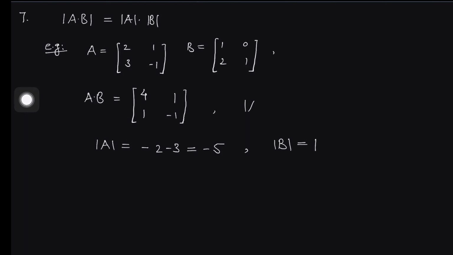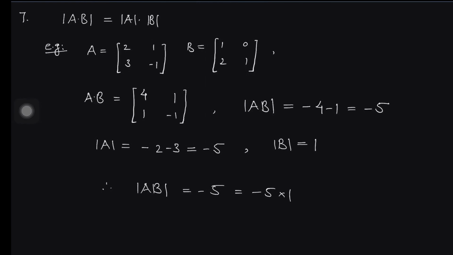And the determinant of AB, 4 into minus 1, minus 1. So you can see that the determinant of AB is minus 5, which is equal to minus 5 into 1, that means determinant of A times determinant of B. Now let me discuss some interesting thing about the determinant.